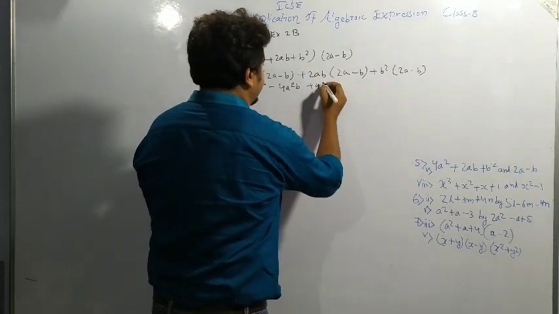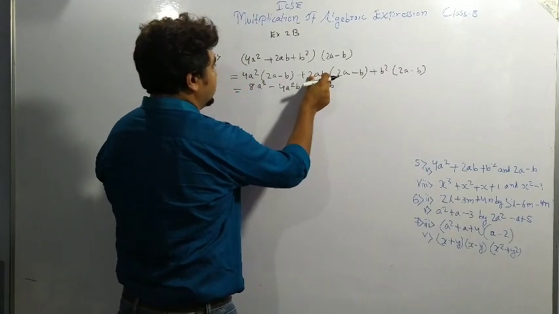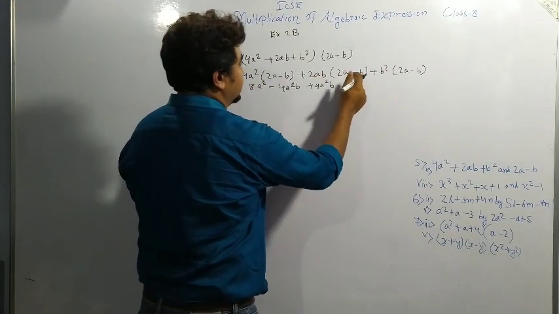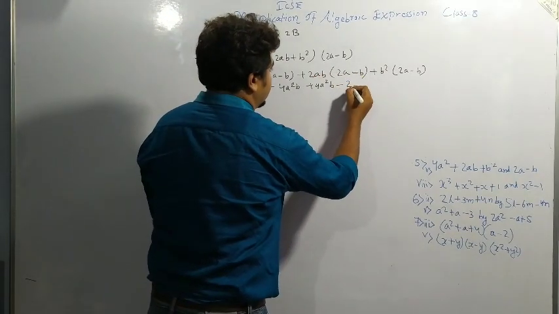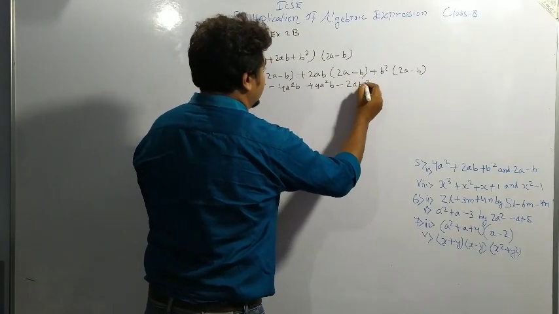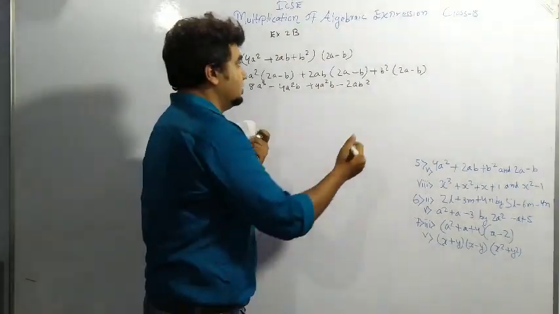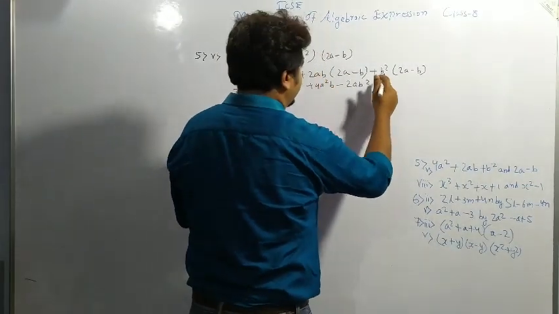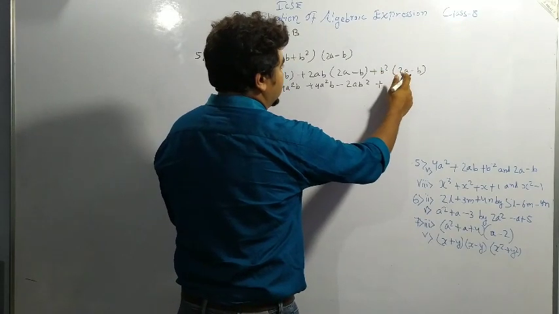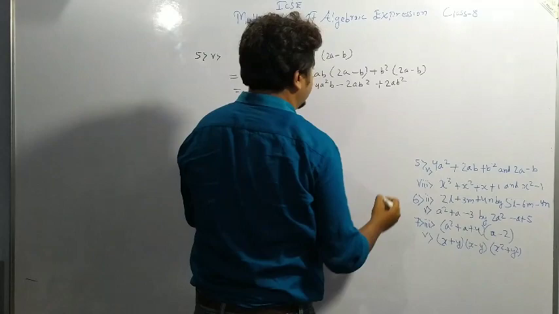A into a is a square and b is left. 4a square b. 2ab into minus b means 2ab into b is b square. Plus into minus is minus, that's why I have written minus here. Then b square into 2a, it will become 2ab square.